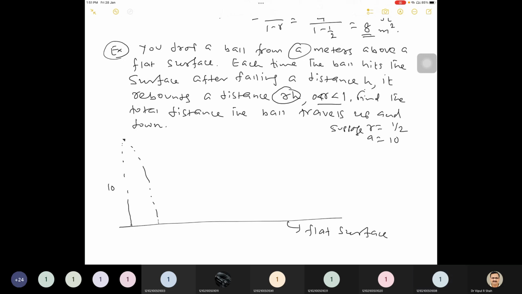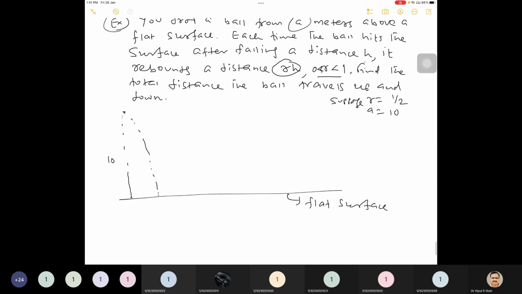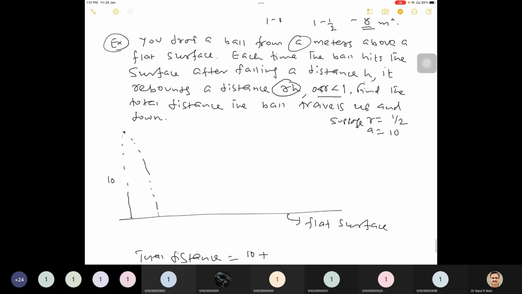Yes, sir. Okay. Now what? So first time the total distance is 10. Now this is 10 and the ball is here, but it rebounds rh or ra.